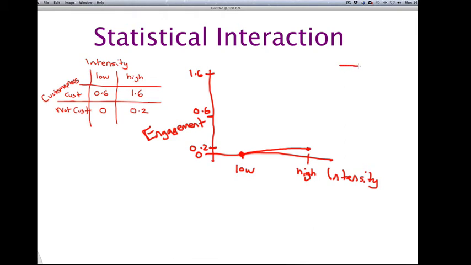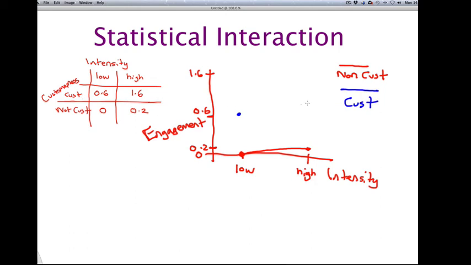So I'm doing my key again. So this is non-customers. And then I'm going to change the colour back to blue. And this time we're going to draw a line for customers. So for customers at low intensity, the level of engagement is 0.6. So we're here.